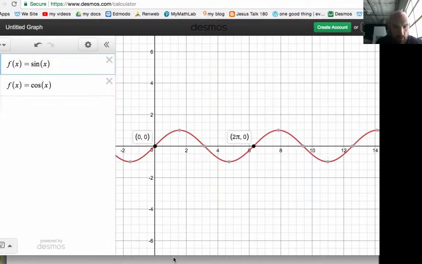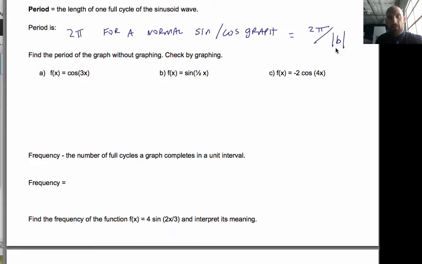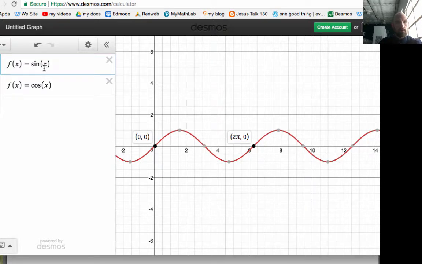My normal period is 2 pi for a normal sine or cosine graph. But period is really equal to 2 pi divided by the absolute value of b. In a sine curve, b just happens to be 1, the number in front of x. So normally it's 2 pi divided by b, b is 1, so this would be 2 pi.